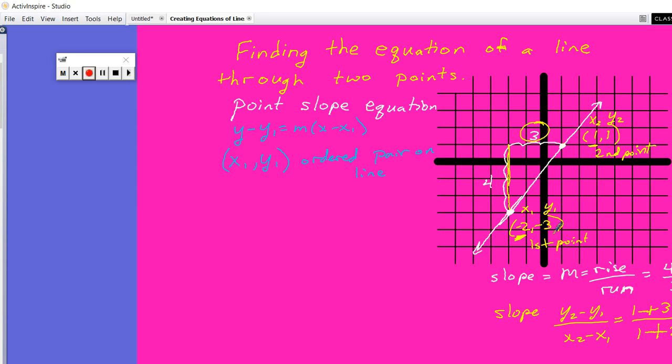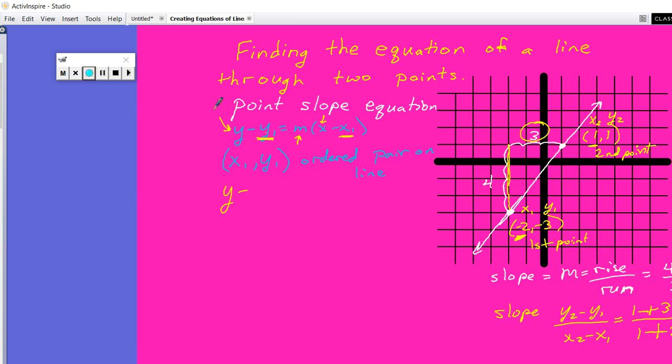So we now have our slope. That is the m in our equation. So this is my x1, this is my y1. I'm going to replace y1 and x1 with these numbers. When we're using the point-slope equation, this y and this x always stay as y and x.